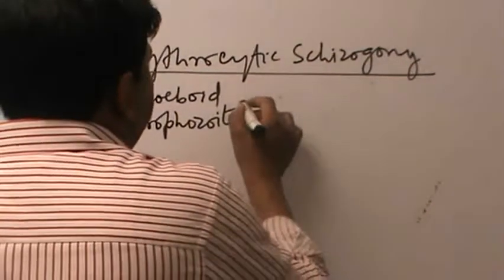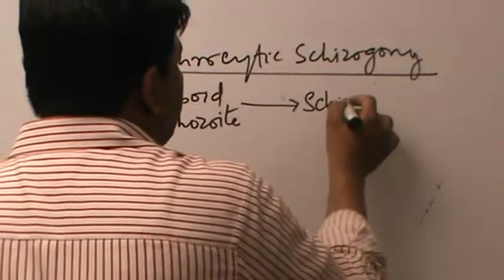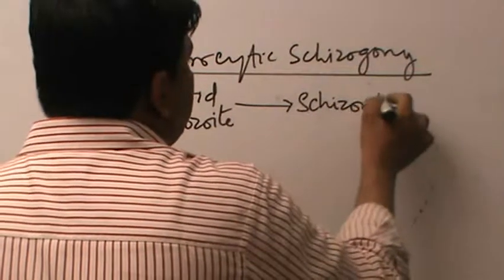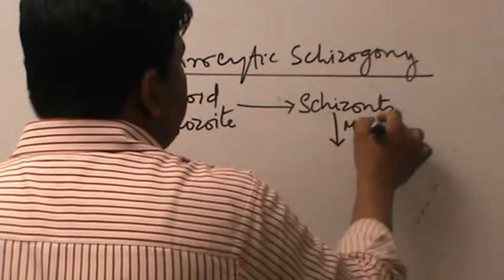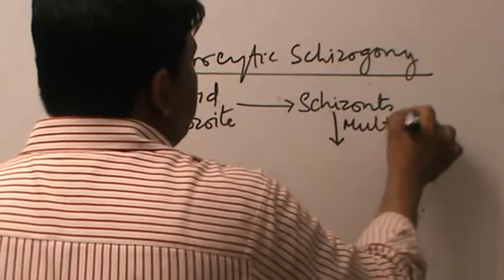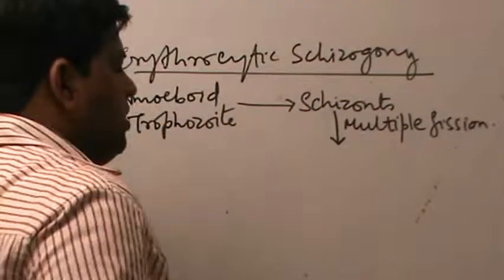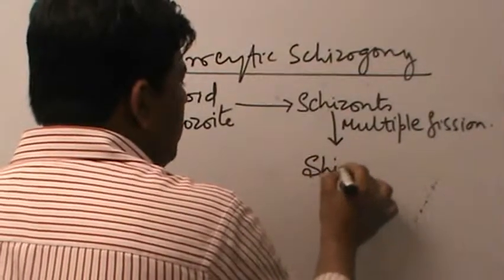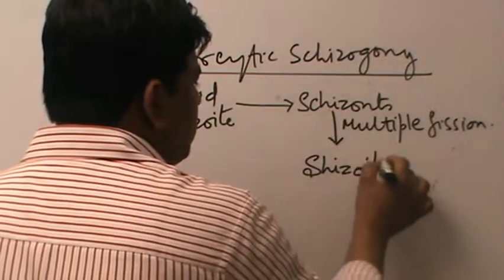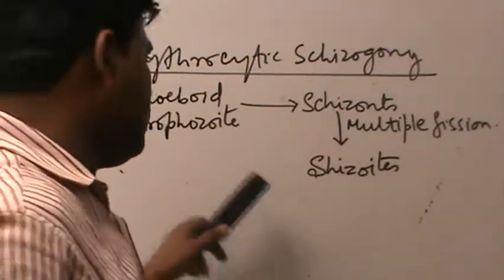This amoeboid trophozoite will be converted into schizonts, and by multiple fission they will divide and form many schizonts. The next stage is schizonts.